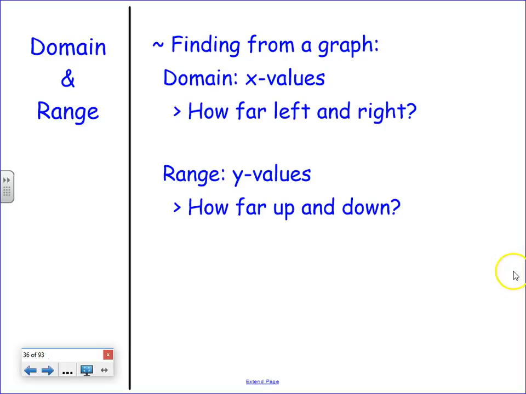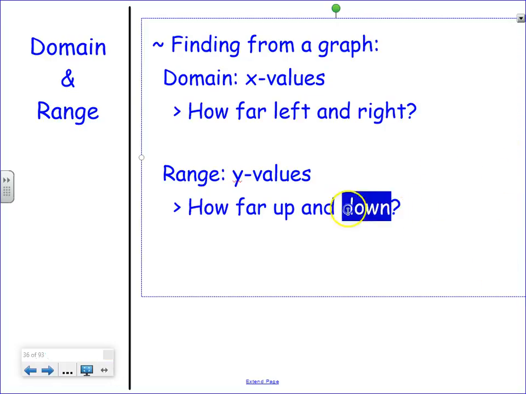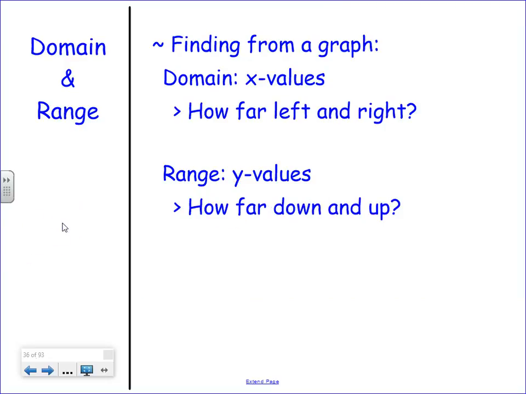Down comes first in intervals, right? And then comes up. Now it's kind of different than we normally say it. We say up and down. The proper way for interval notation is down, then up. How far down, and then how far up.